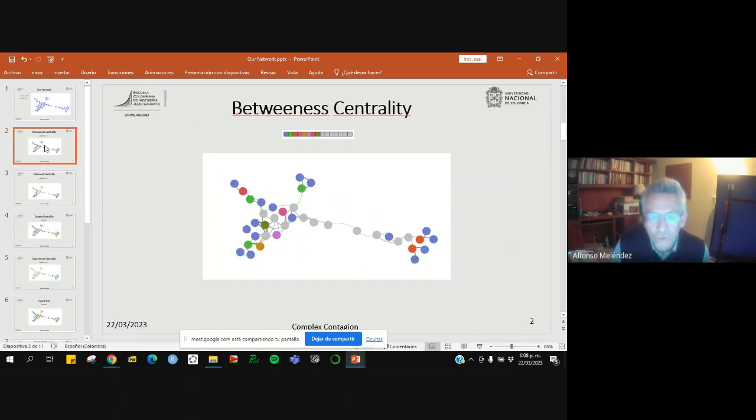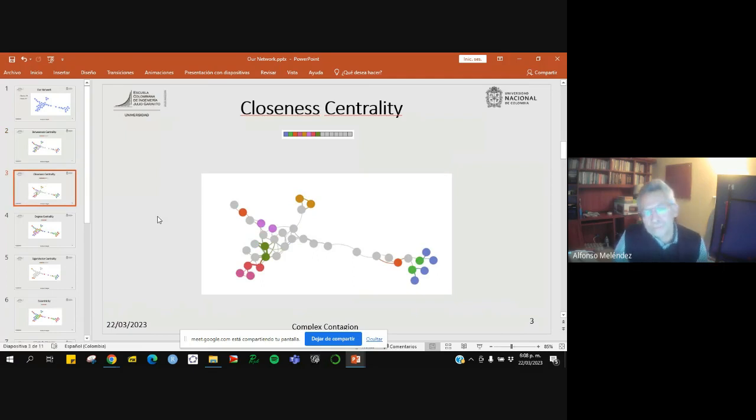This is the betweenness centrality. This color at the left corresponds to nodes with big betweenness centrality, but you don't know who the nodes are. Perhaps this node is someone of you. Closeness centrality: who is the student that is nearest to the rest of the students?